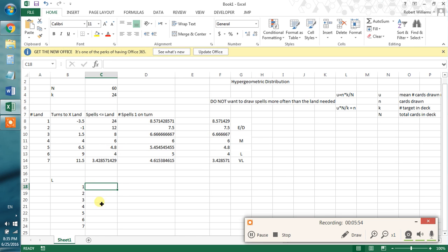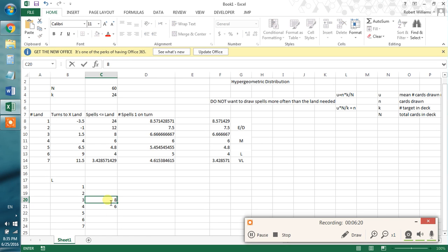So the minimum here for 4 drops, you've got 6. For 3 drops, you've got 6.6. We're going to round down for now. Now here, actually, yeah, let's round up, because you can have as many as 8 and still be more likely to draw the land itself.